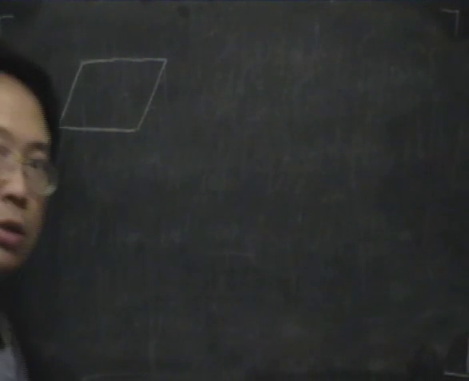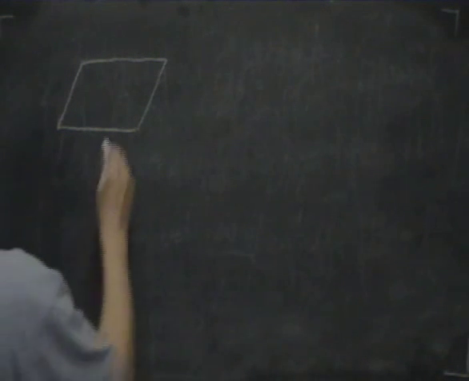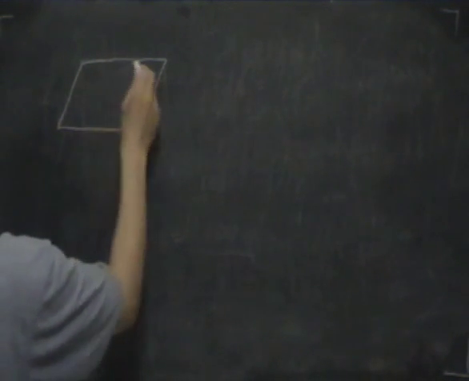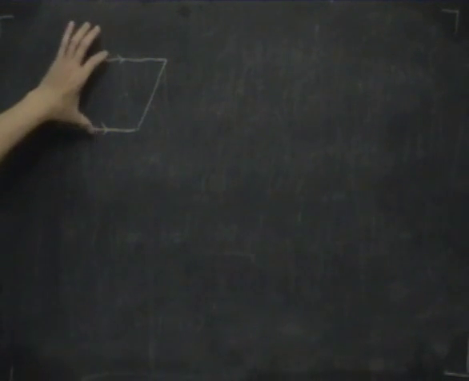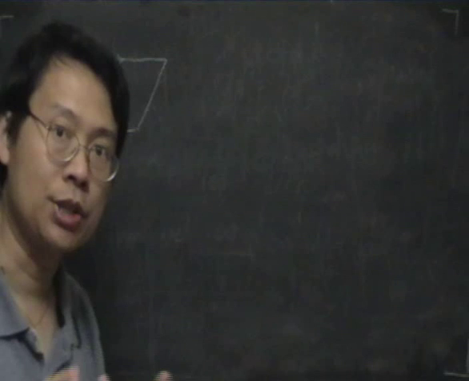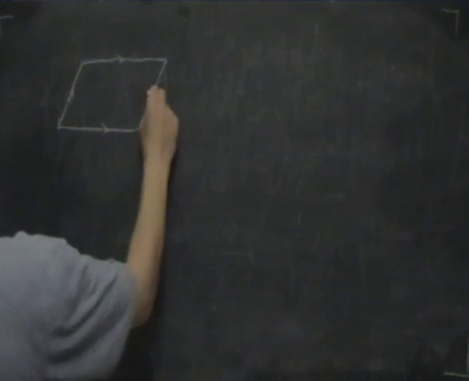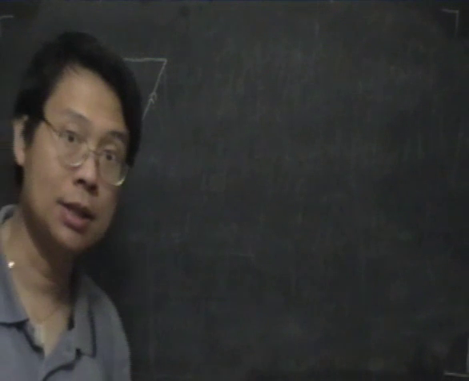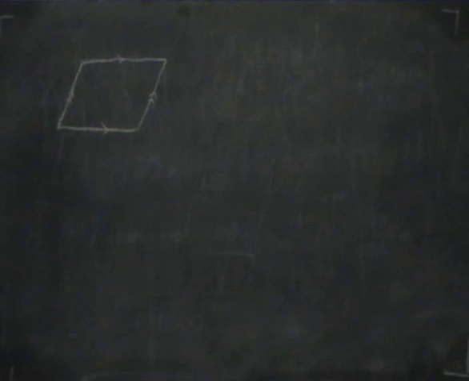So it's like a rectangle that is tilted, right? Now this shape has two opposite sides parallel. So these two sides are parallel and these two sides are parallel. Now a shape like this is called a parallelogram.